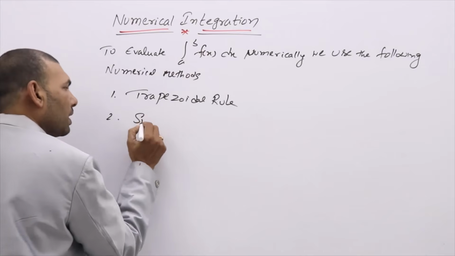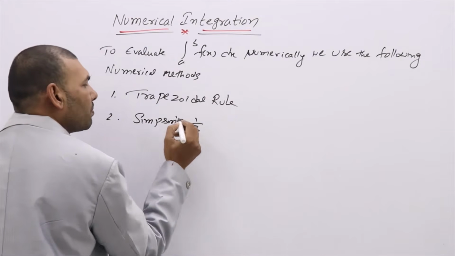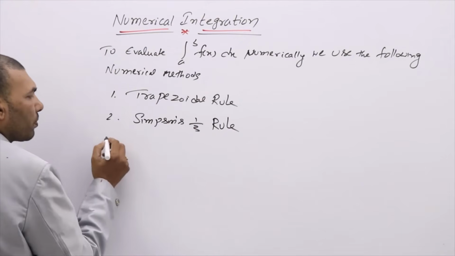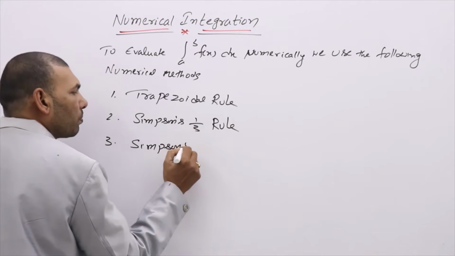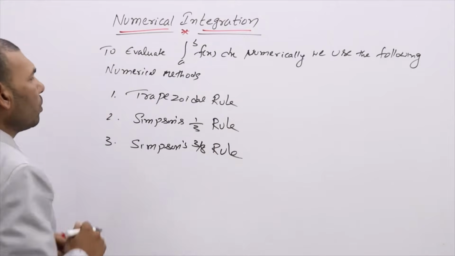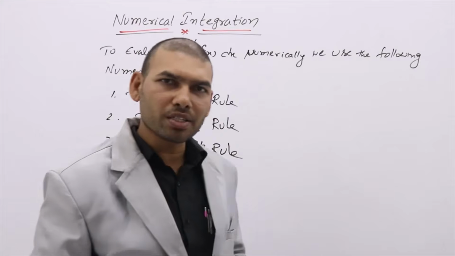Number two, Simpson's 1/3 rule. Number three, Simpson's 3/8 rule. These rules help us evaluate an integral without using integration formulas.